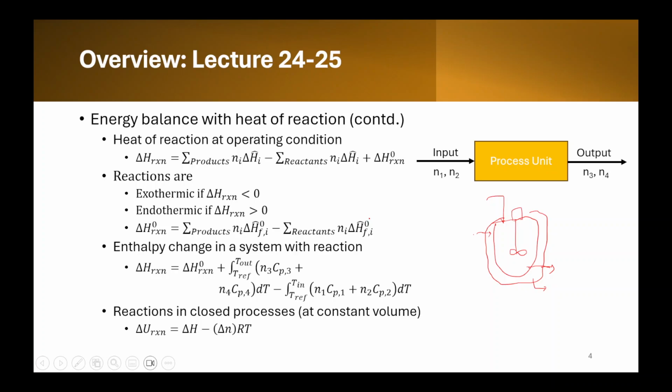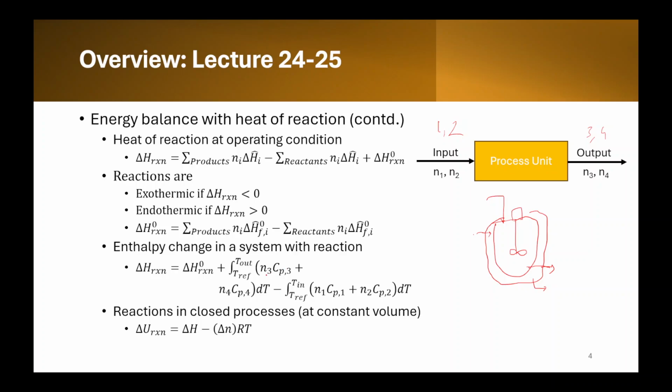And the enthalpy change in a system with reaction will be, suppose you know the enthalpy at standard state, you add that. Suppose this is the process unit and the input is some components 1 and 2, and the output is some components 3 and 4. If there is a complete conversion, what will be the extra added heat because of this reaction?